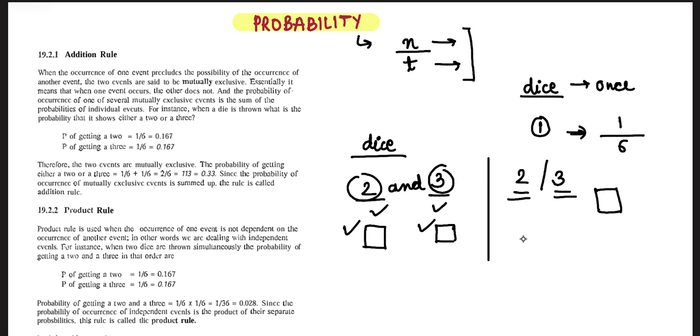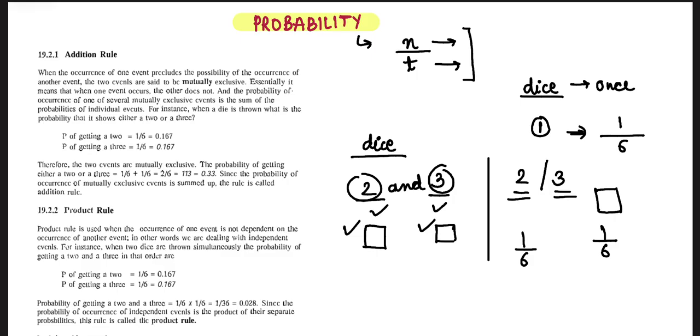So the probability of getting number 2 is 1 by 6. Similarly, the probability of getting 3 is also 1 by 6. But we know that the dice will be thrown only once. That means either 2 can appear or 3 can appear, meaning the two of them do not depend upon each other.